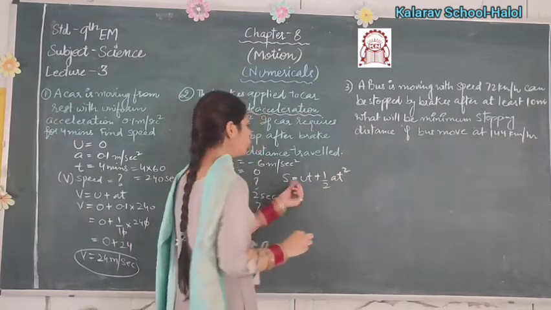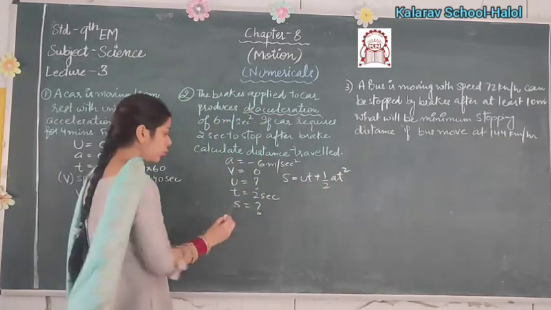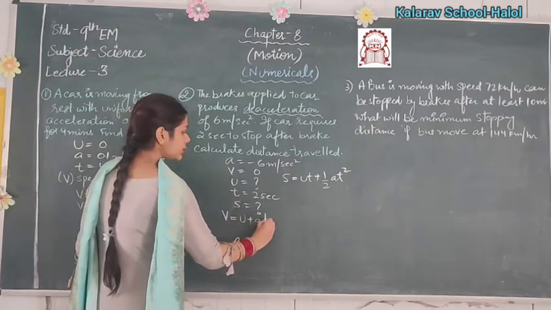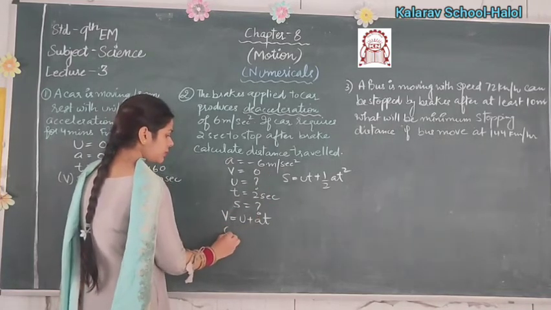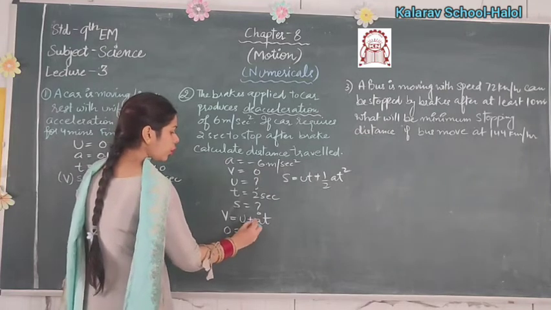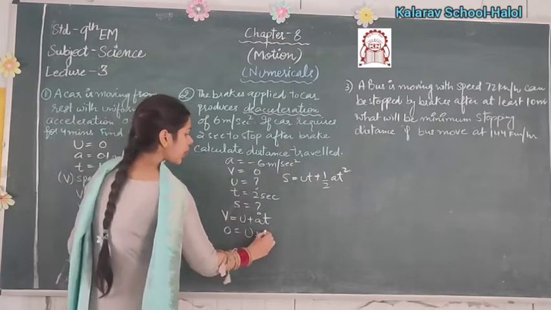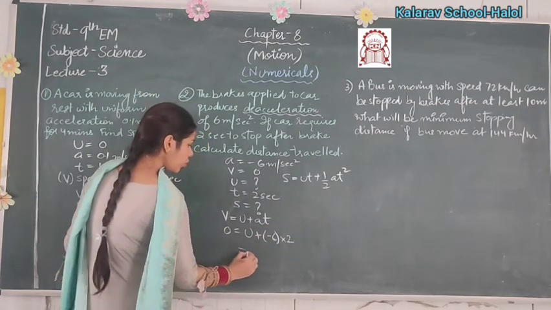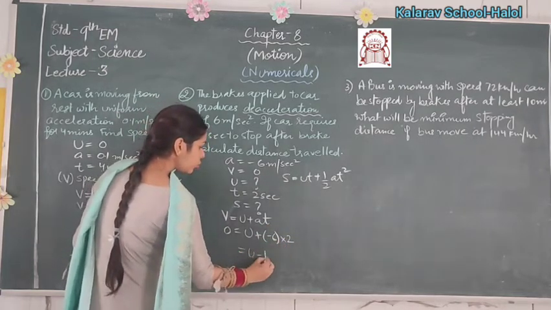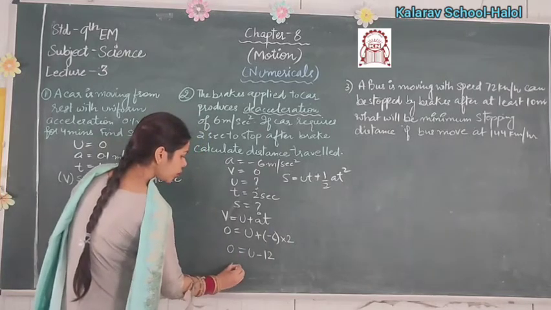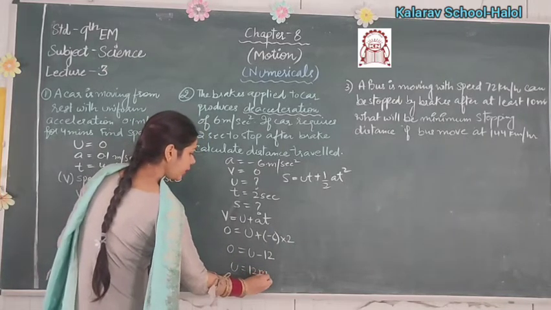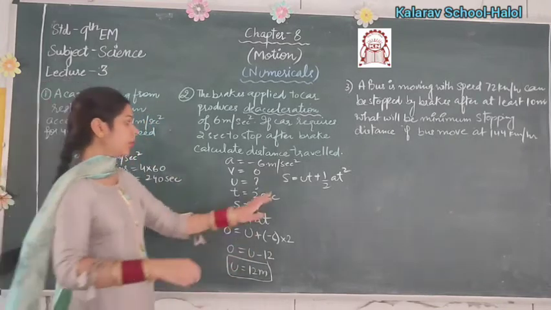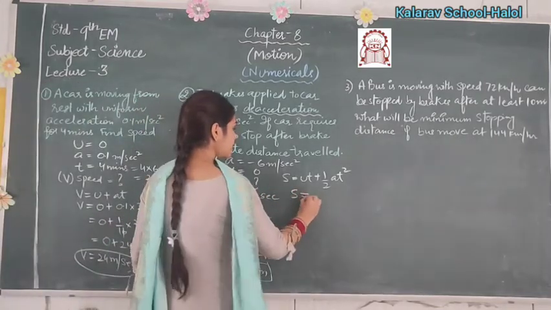We have not u. So firstly, we have to calculate u from the equation 1. V is equal to u plus at. V is 0, u not known, a is minus 6 and t is 2. So u is 6 into 2, 12. So u comes out to be 12 meter per second. So here we have to calculate s.